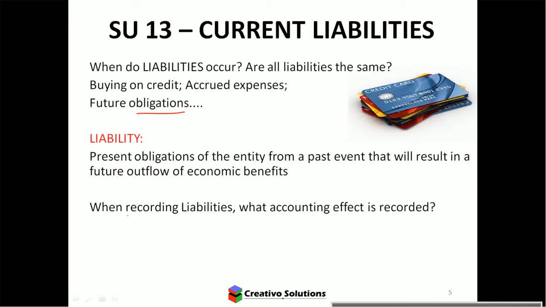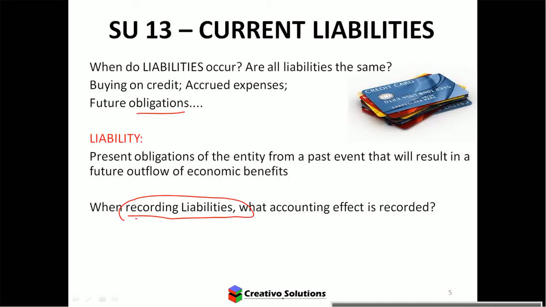So if I'm looking at the recording of the liability, what am I going to do in my books? What am I going to debit? What am I going to credit? What will happen to the liability if I'm recording it in our books? It's going to go up.